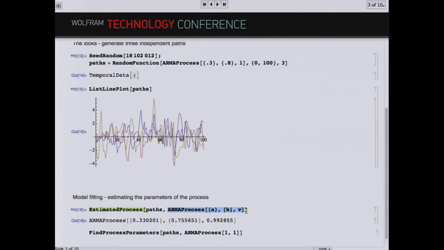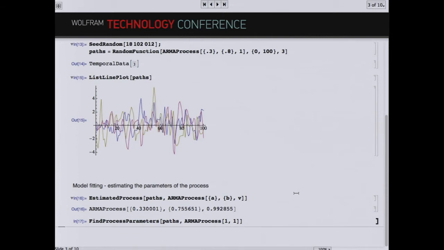I want the ARMA model with 1 for the autoregressive part and 1 for the moving average part. And this can also be achieved by providing ARMA 1,1, which means just give me the ARMA model with such orders on the autoregressive part and the moving average part.